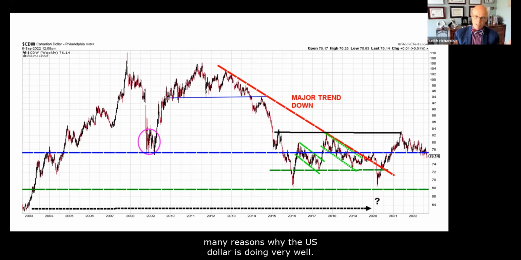So there are many reasons why the US dollar is doing very well, and it's not so much that the Canadian dollar deserves to be sold off so much, because we do have resources and they've done okay, relatively speaking. But the big problem is that the US dollar is doing so well. So it's in a downtrend, and you can't argue with the downtrend.